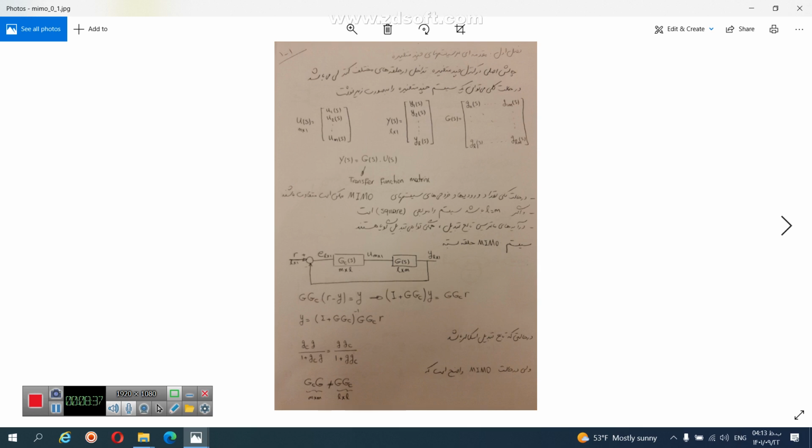Let's refer to the diagram. Can you write the transfer function from R to Y? Yes.